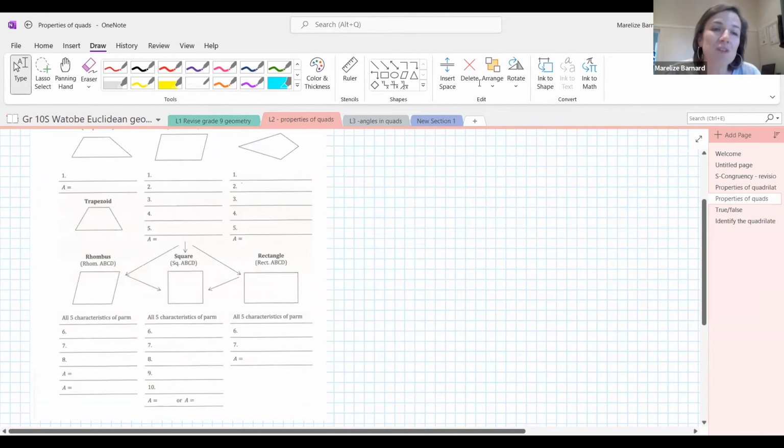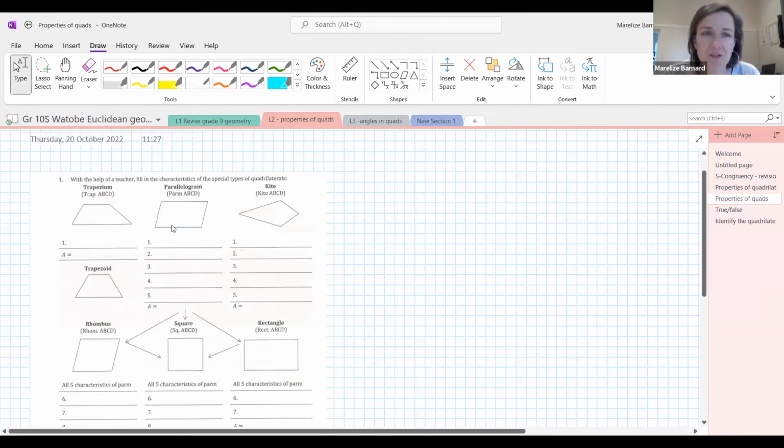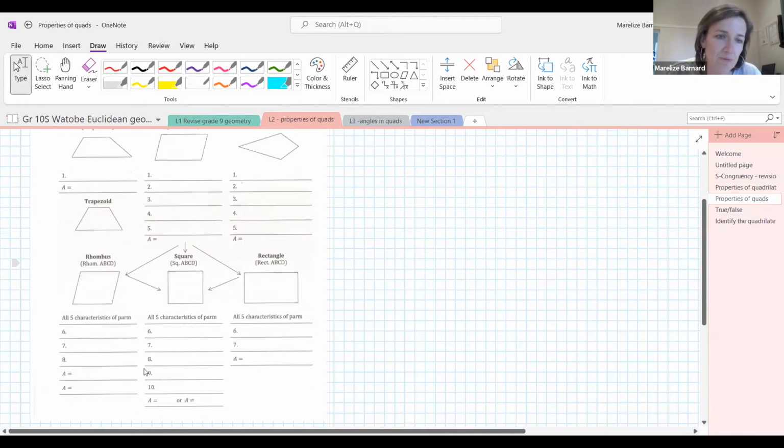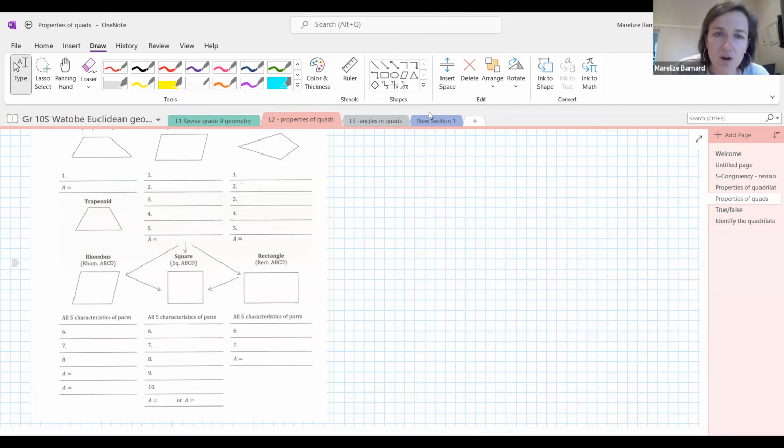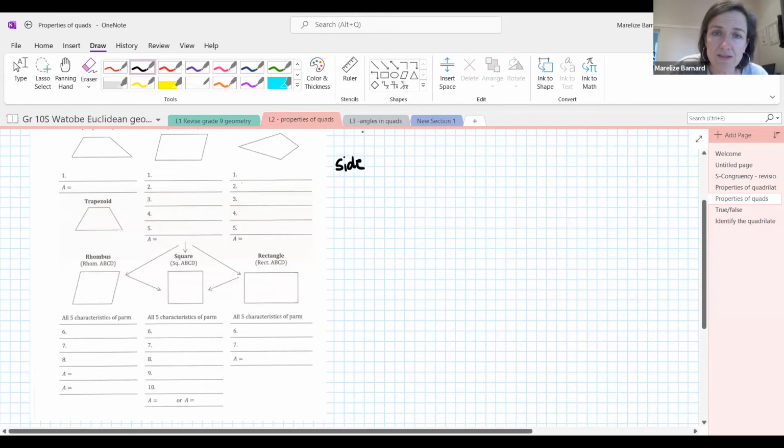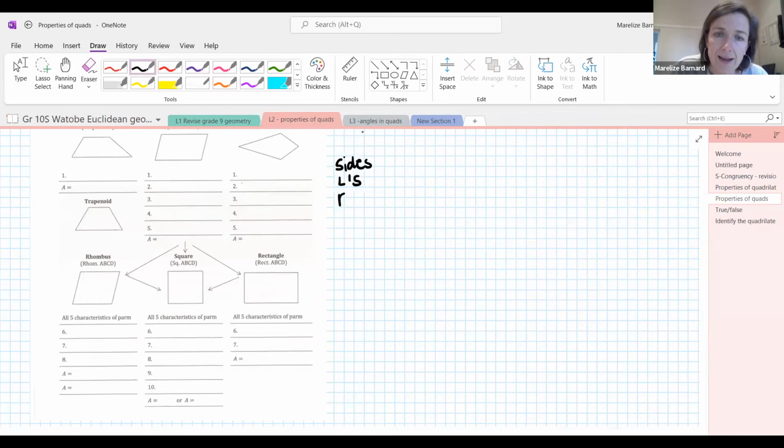Okay, guys, so what's going on here? Tsiamu, let me tell you. It's basically just each shape, and then you list the properties below each shape that relates to it. Think of the sides. What are we going to say about the sides? The angles, the diagonals.